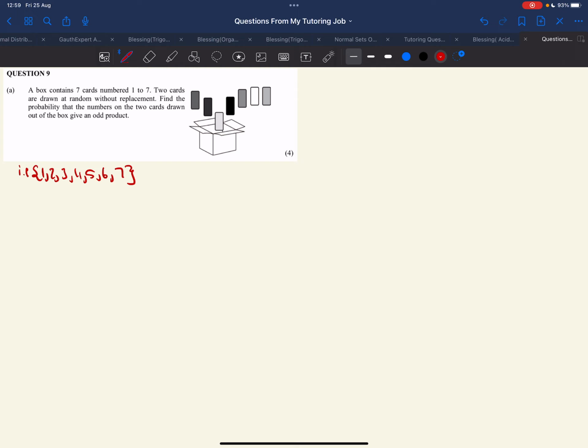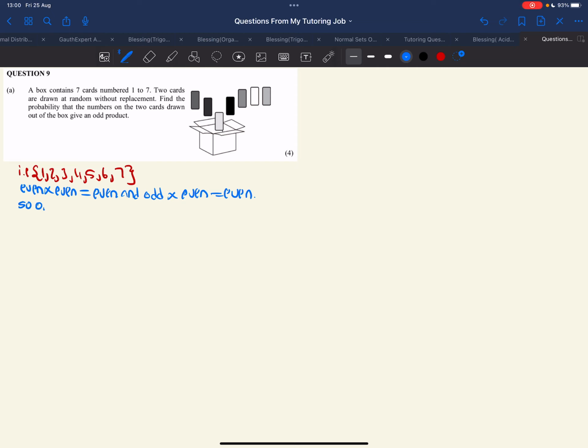All right. Now, before we begin, we have to quickly check when the product of two numbers will be odd. This can only be true when we multiply two odd numbers together, since even multiplied by even is going to be equal to even, and odd multiplied by even is going to be equal to even, right?